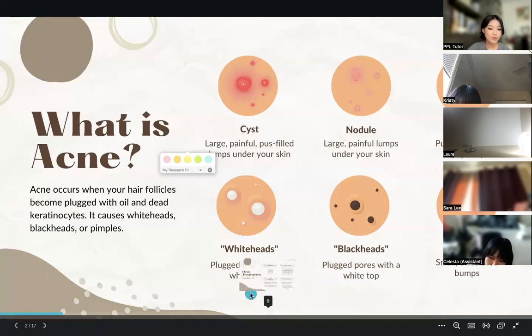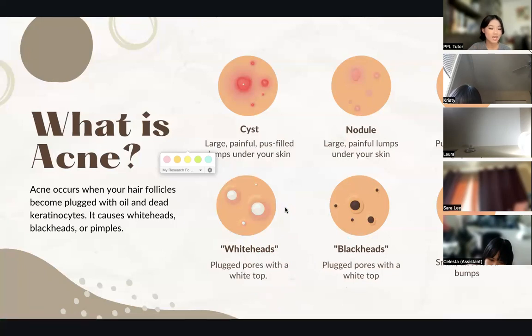And they're both filled with the same, I guess, oil and dead skin cells, and they're essentially just plugged pores. And the reason why blackheads are black is because the oil is exposed to the air, unlike whiteheads, which have a very, very thin layer of skin covering it.